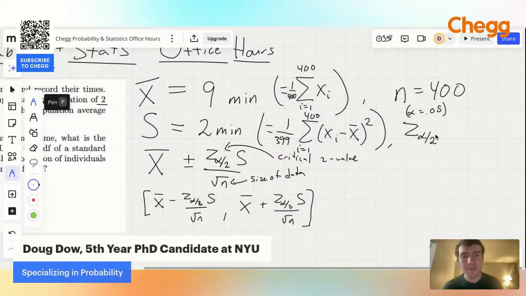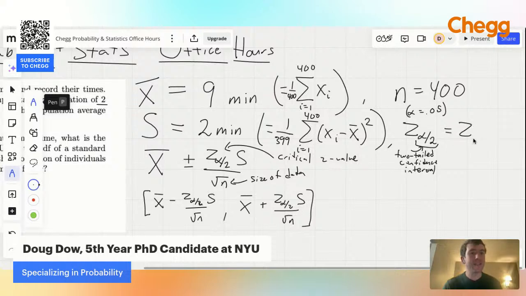And we use alpha over 2, if you're curious why we're doing this, because it's a two-tailed confidence interval. And so there's alpha over 2 chance that it will be greater than the right-hand side, and alpha over 2 chance it will be less than the left-hand side. So alpha chance total of the population mean being outside of this interval.